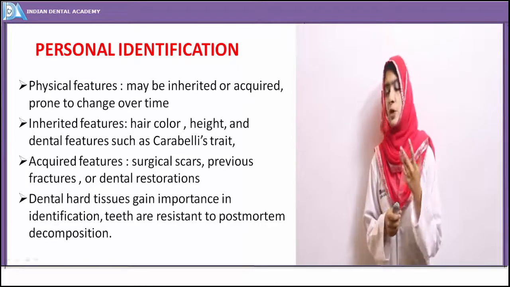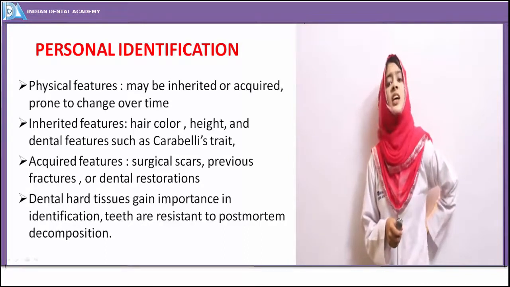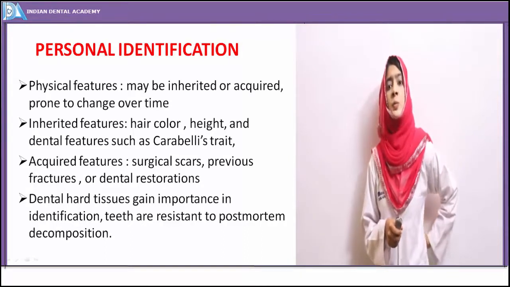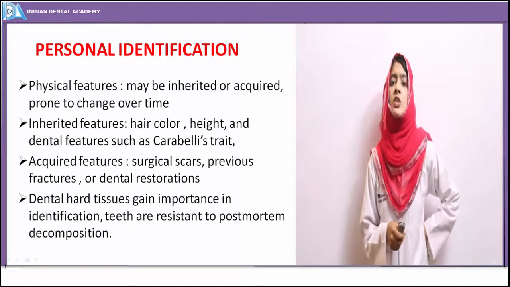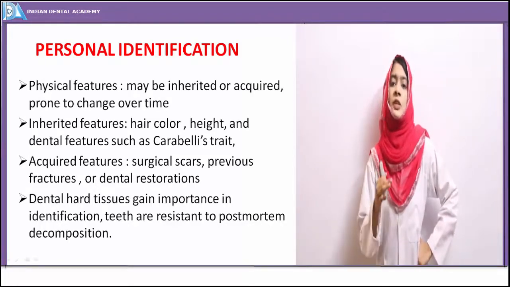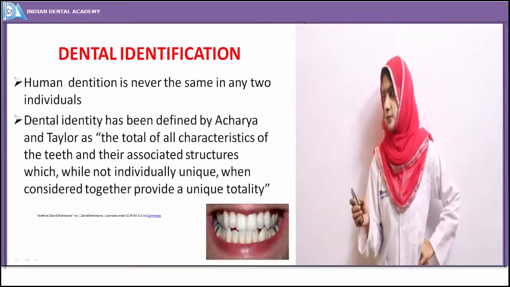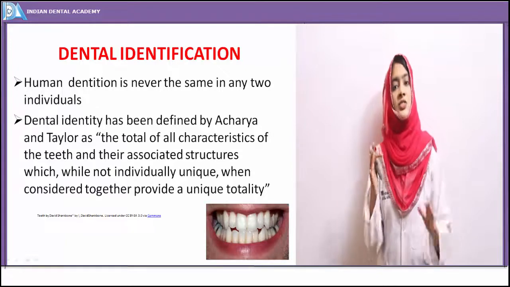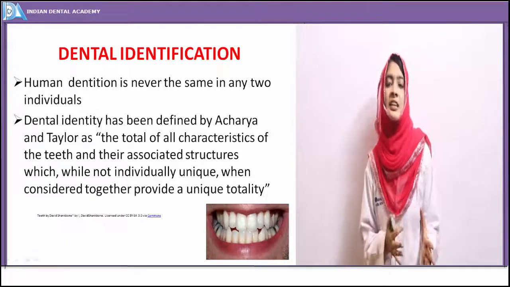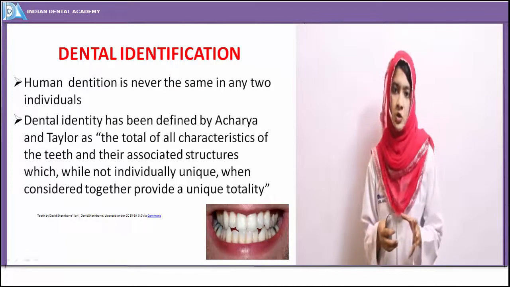The dental hard tissues are very resistant, even to post-mortem decomposition. So then the dentists come into the picture, and they help us in identifying the skeletal remains of the individual. Dental identification gains importance from the fact that teeth are resistant to post-mortem decomposition.